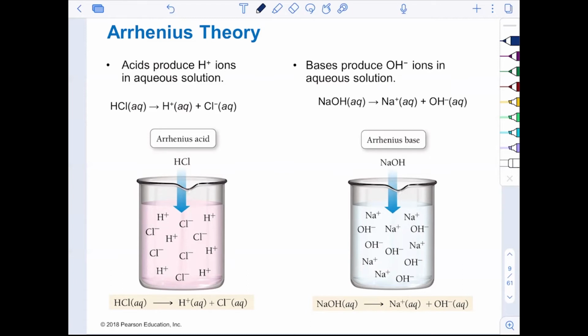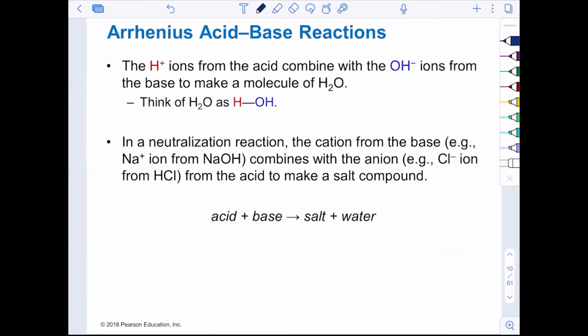Sodium hydroxide and other bases produce hydroxide ions in an aqueous solution; they were salts, ionic compounds that specifically had the hydroxide polyatomic anion. Now the H+ ions from the acid combine with the OH- ions from the base, and what do you think? H2O, right? H+ and OH- makes H2O.